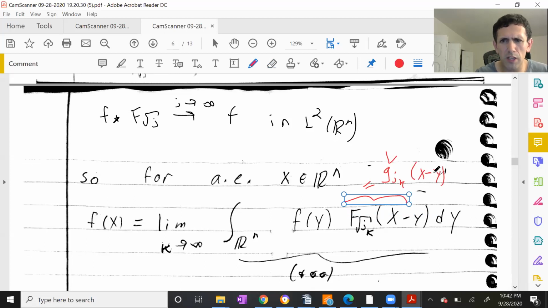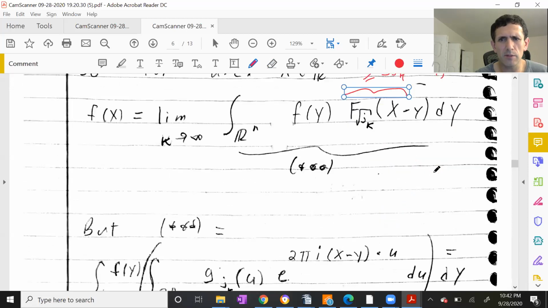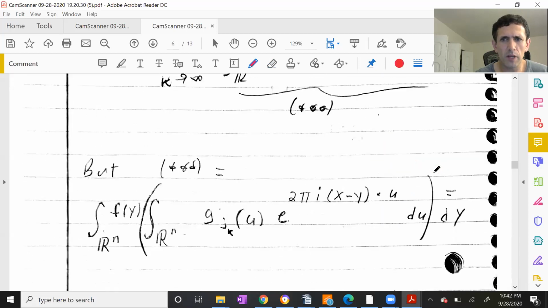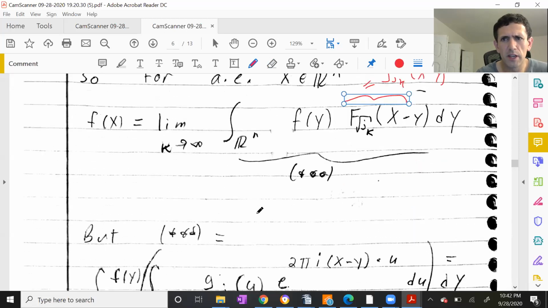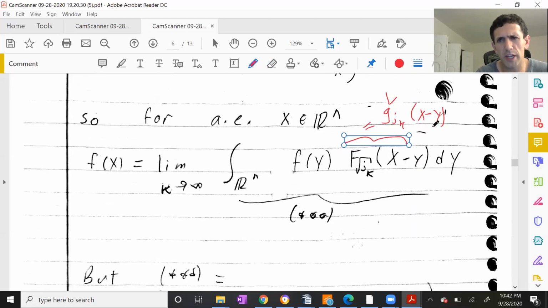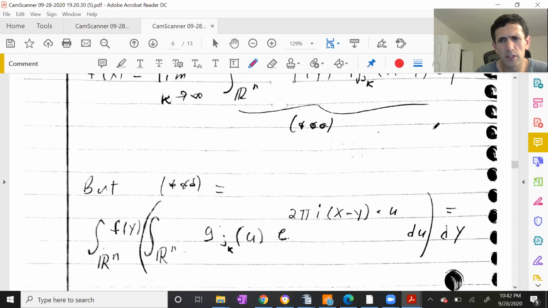So let's plug that in. This whole integral here is exactly the inverse Fourier transform of Gjk at x minus y. It's just a Fourier transform without the minus sign. Now let's do something clever. This clearly is in L1. This is just this Gaussian for fixed jk. The f is assumed to be in L1.